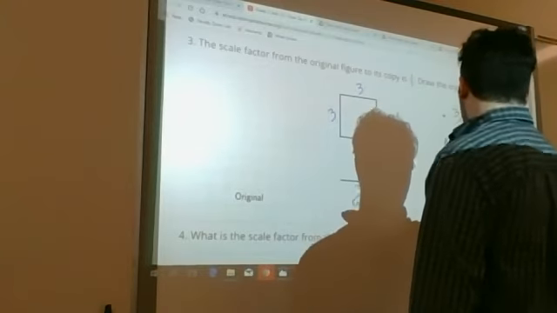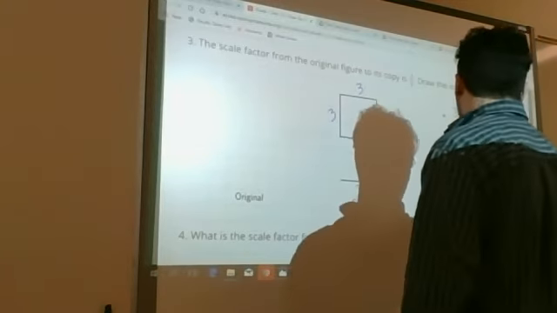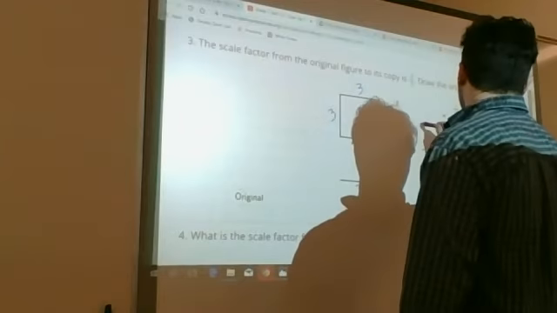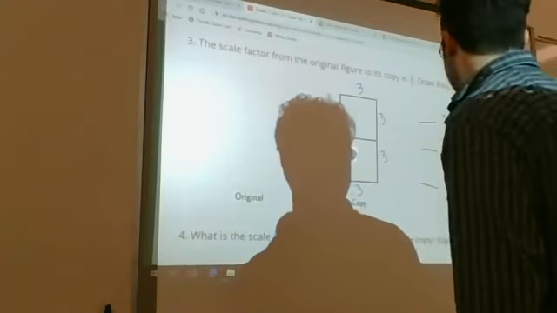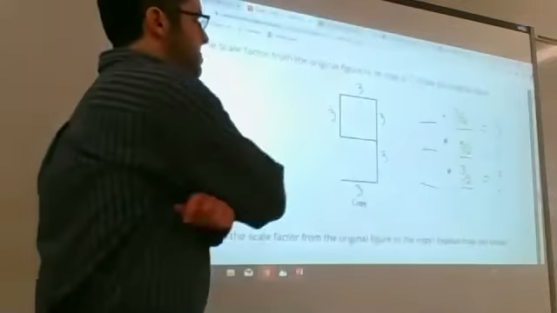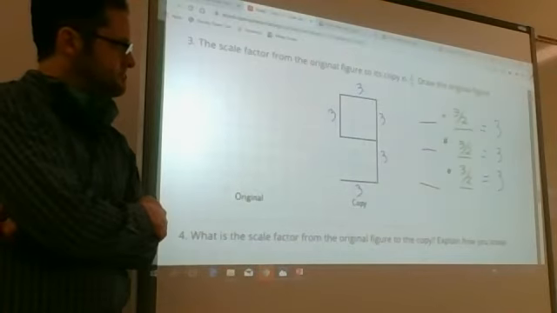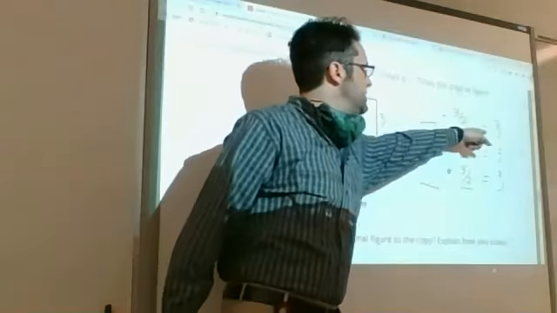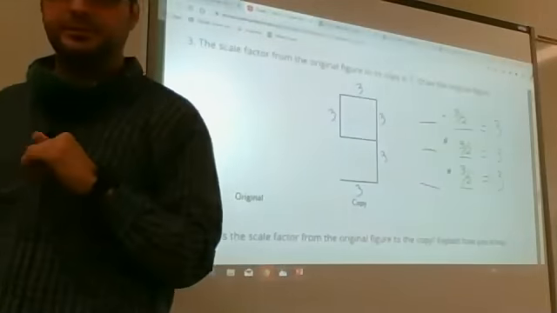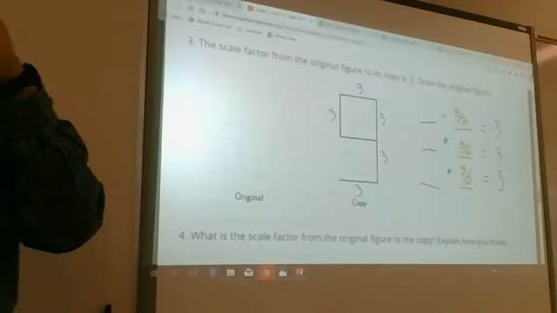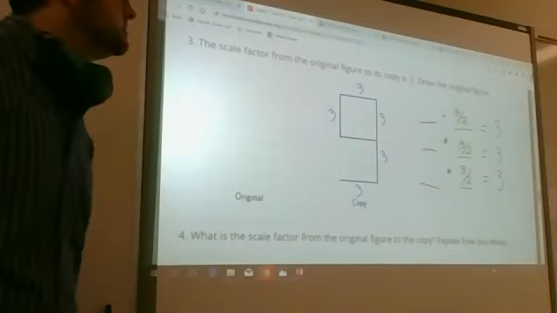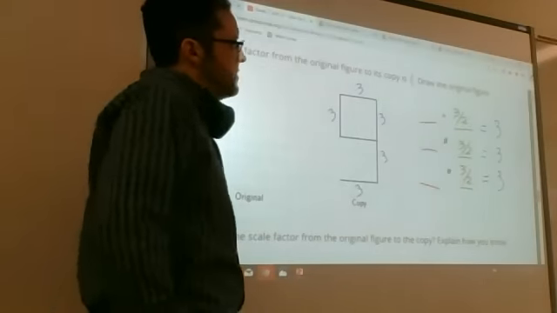We're going backwards. Now we need to know what the original looks like. So what do y'all think? What times 2/3 comes out to 3? No, 1/3.